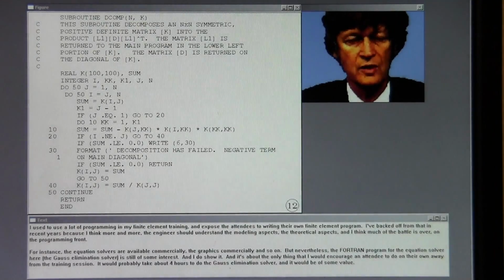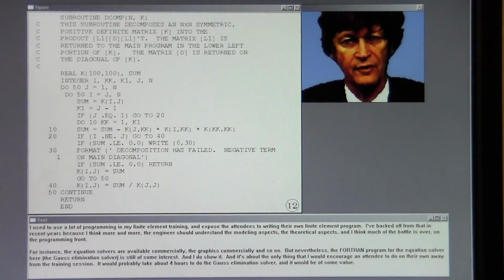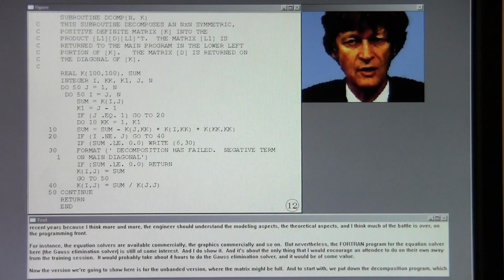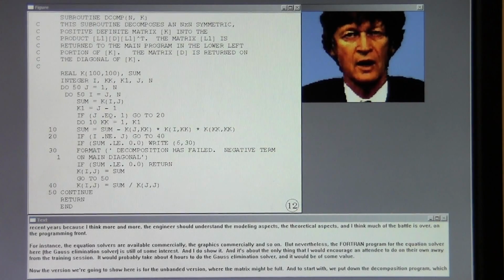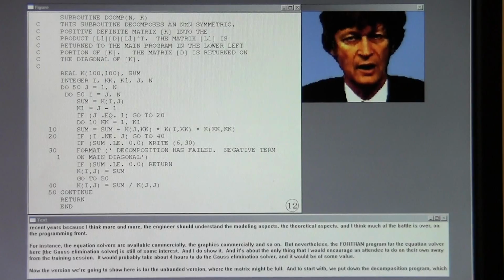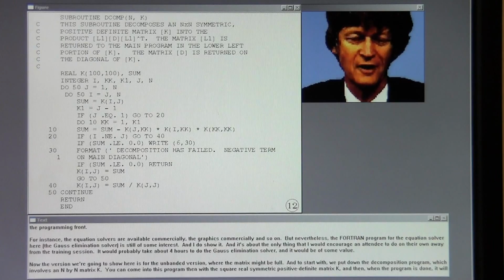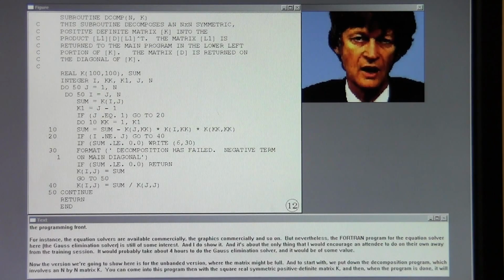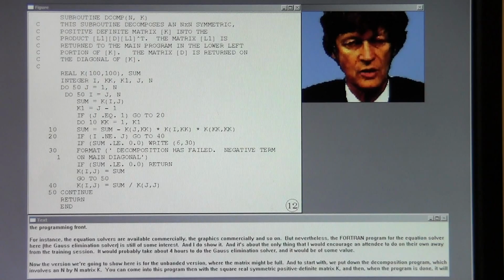I used to use a lot of programming in my finite element training and expose the attendees to writing their own finite element program. I've backed off from that in recent years because I think more and more the engineer should understand the modeling aspects, the theoretical aspects, and I think much of the battle is over on the programming front. For instance, the equation solvers are available commercially, the graphics commercially, and so on.